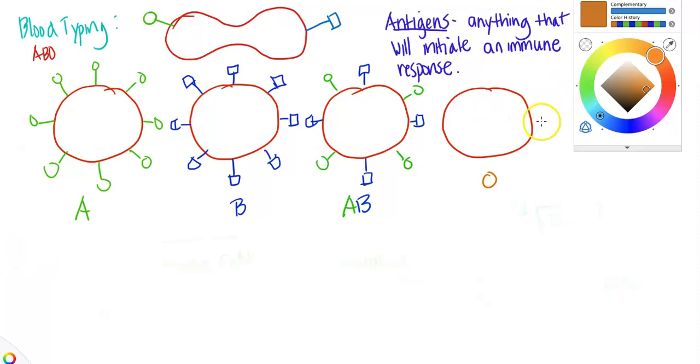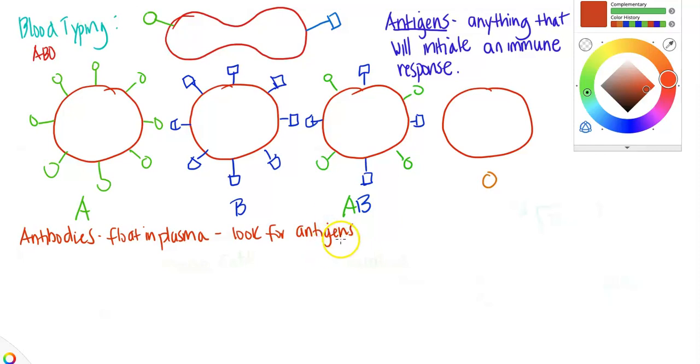So the body also makes antibodies. And antibodies are made up of protein. They float in the plasma, and they look for antigens for destruction.